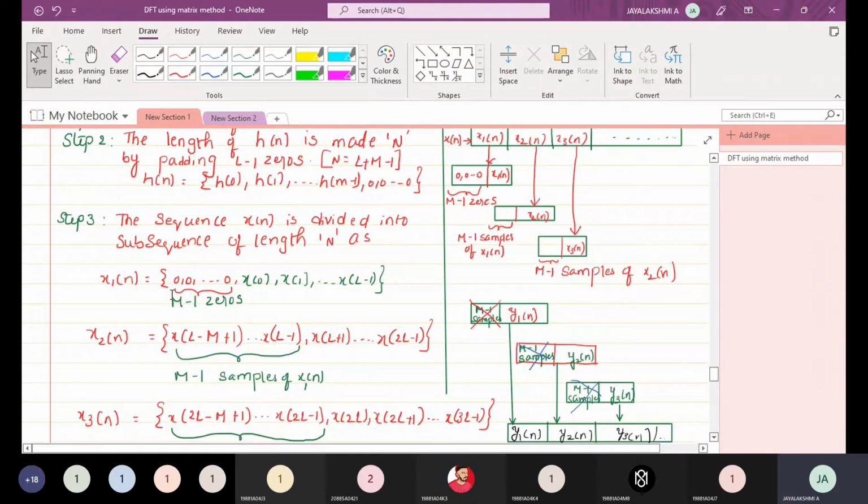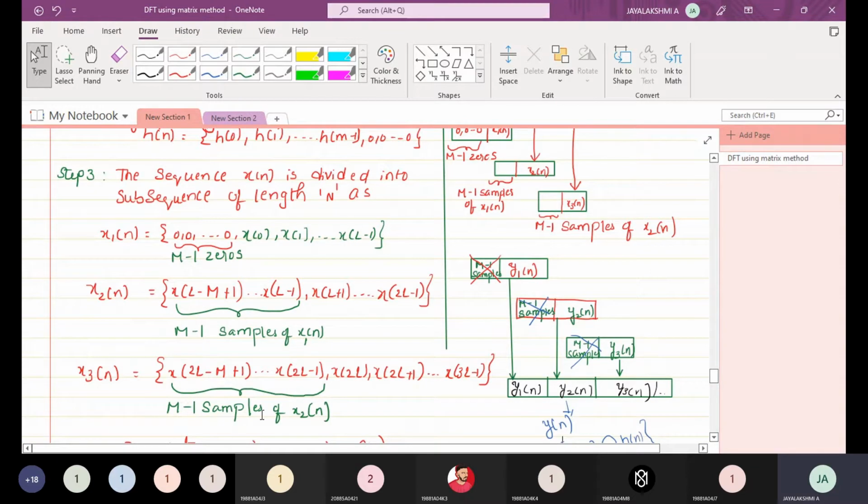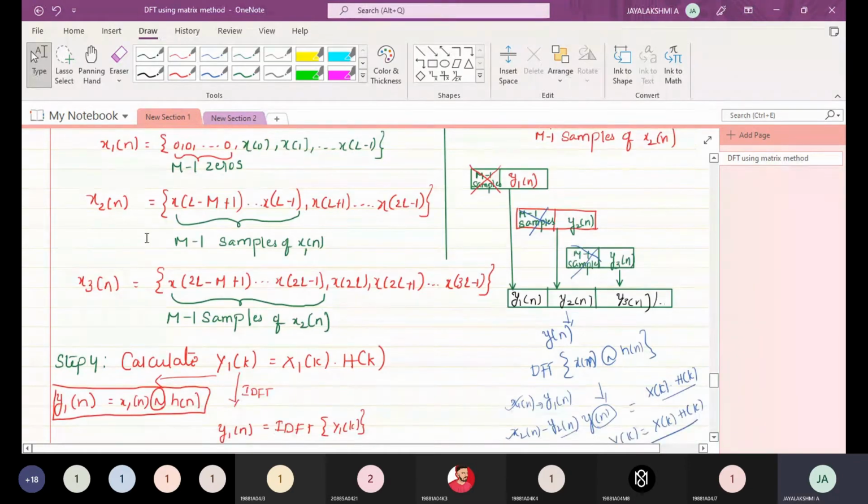In x1 of n, first m minus 1 zeros are padded, followed by the samples of x of n. In x2 of n, the first samples are padded with m minus 1 samples of x1 of n, then followed by the samples of x of n. Similarly for x3 of n, m minus 1 samples of x2 of n are padded, followed by the samples of x of n.